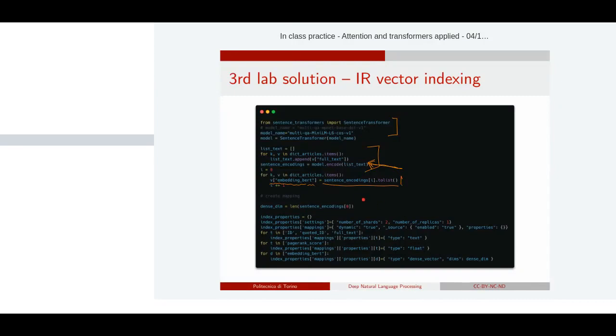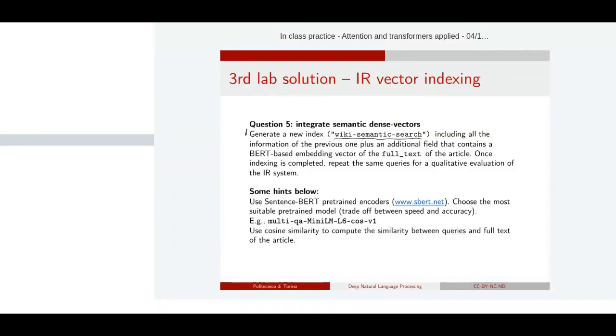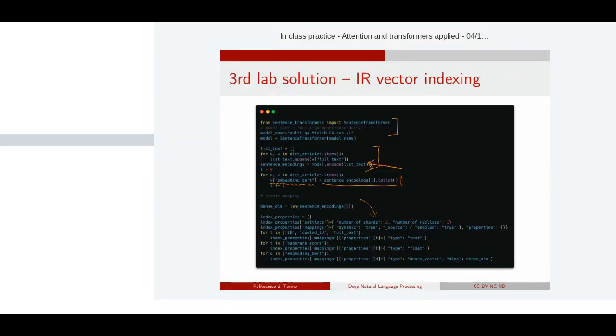This part was provided in the lab. The idea was to create a custom index. In the first case, I did not create an index customly, just because all the fields belong to standard types, like strings or floats. In this case instead, I have a dense vector, and to do this I need to define a custom index, so I need to provide some additional information.